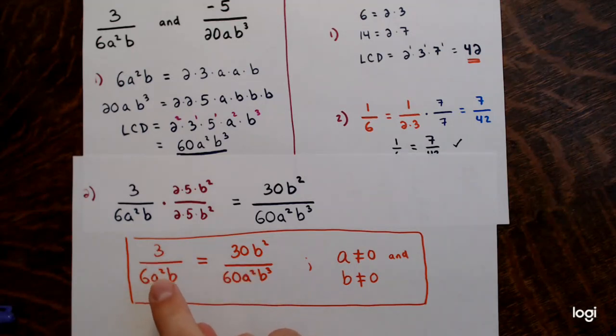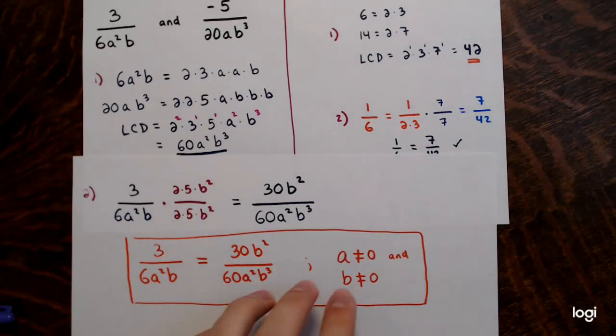And 3 divided by 6 and 30 divided by 60 are both 1/2. So they're equal in that case, and you can try it out with any other values you wish, just so long as neither a nor b is 0. So try that on your own.